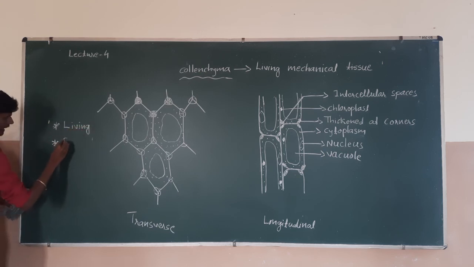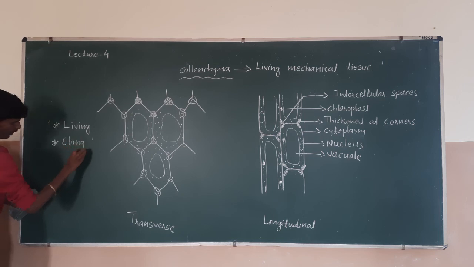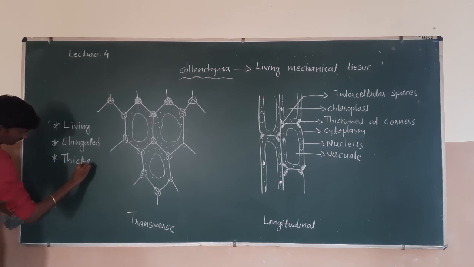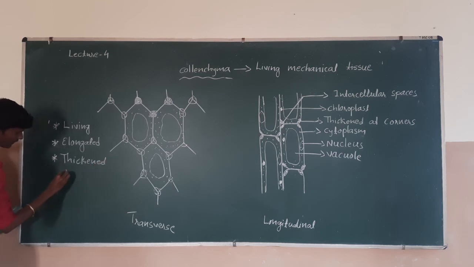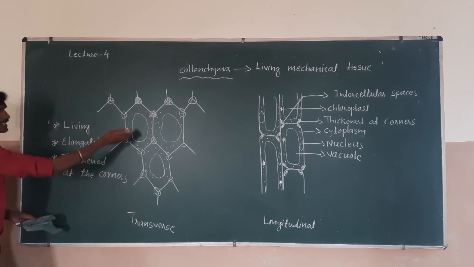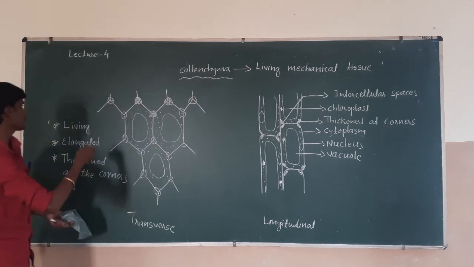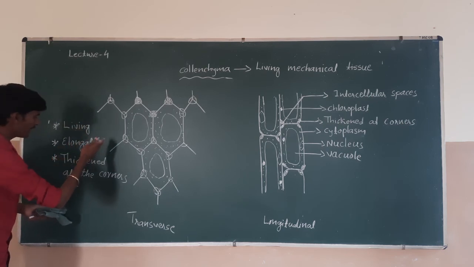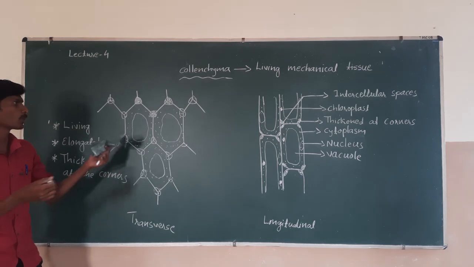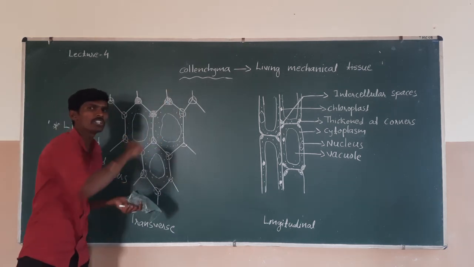The second is that they are elongated, which means long-like in structure, and third, they are thickened at the corners, because some material is deposited on the corners of each cell.